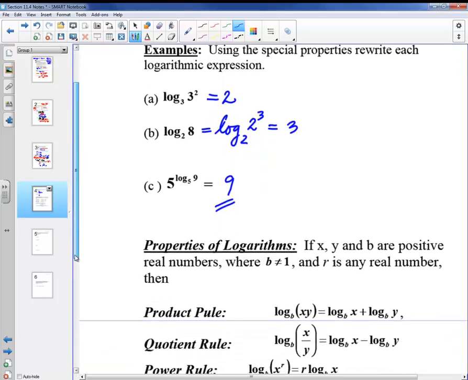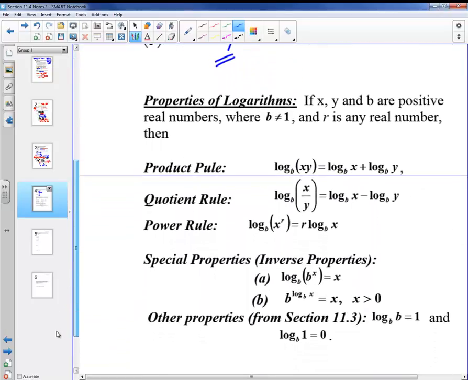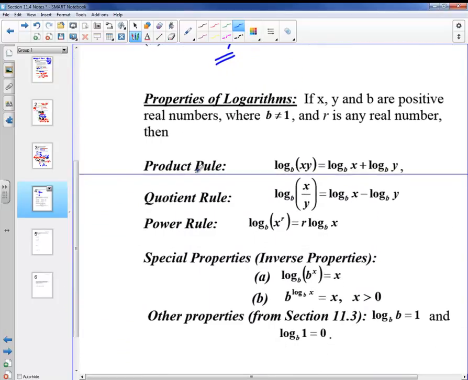Now here's a summary with all the properties. You have the product rule. Remember, that's the log of a product. It changes it into the sum of two logs. Quotient rule is the log of a quotient or fraction that changes into the difference of two logs. The power rule takes this power, it gets rid of the power and it makes it into a multiplier, a coefficient.